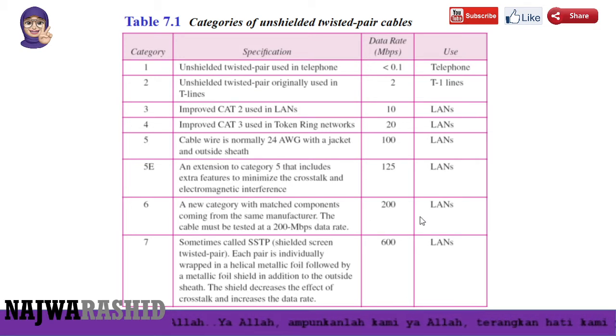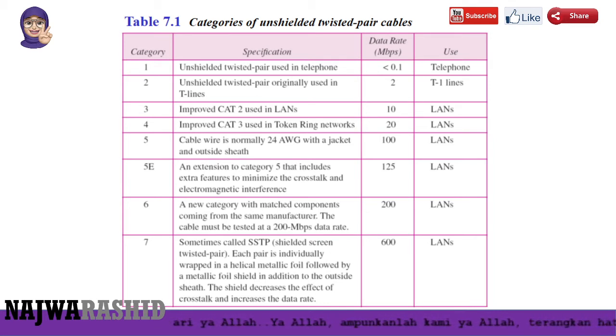That's the difference. That's why we should know what is the Cat5. Okay, let's say you want to design a network. So you should know what type of cable you should use in order to design your network topology.